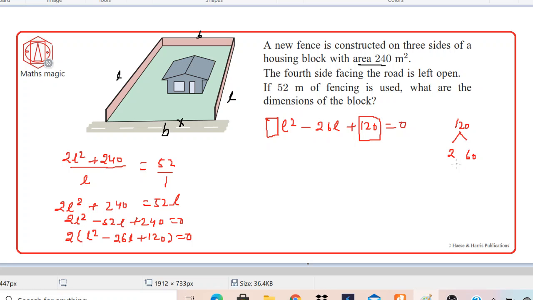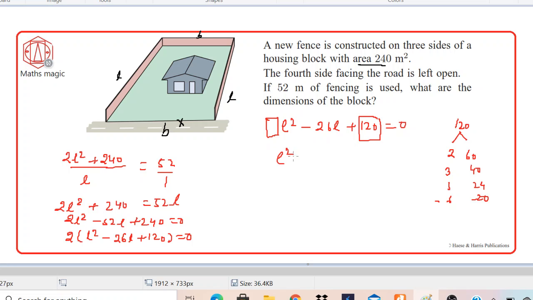2 and 60, it's not working. 3 and 40, not working. 5 and 24 is not working. 6 and 20, maybe it will work. 6 times 20 is 120, but it's positive 26, but we can use negative 6 and negative 20, so that works.